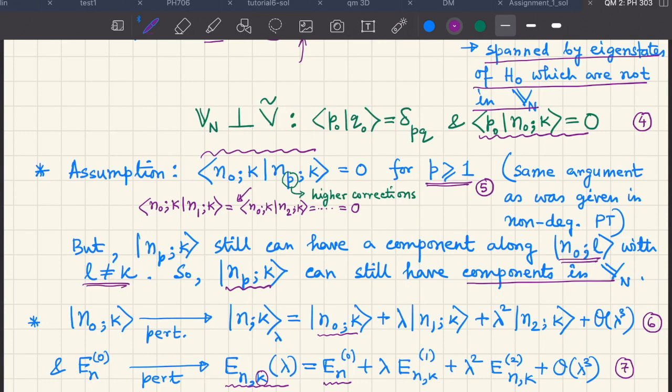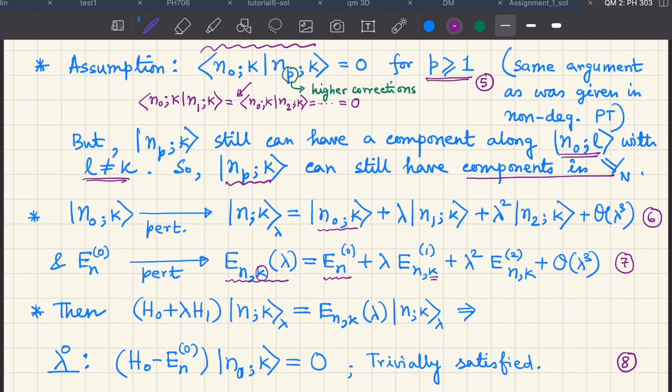Therefore, it is mandatory to write this index k here, because all the states will not be the same varying with lambda. It will actually be different if the degeneracy is completely lifted.